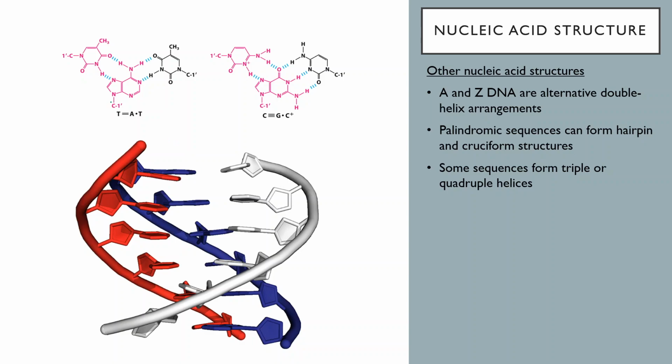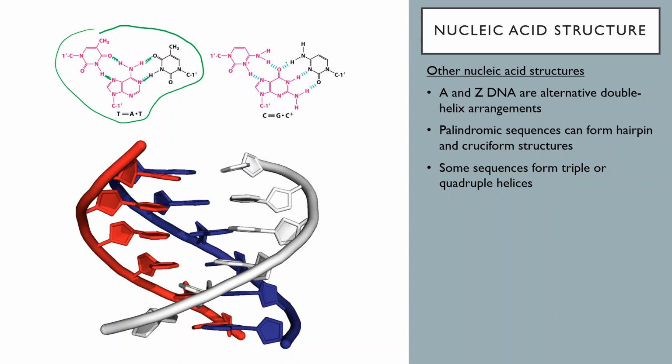So if you have this arrangement, for example, where you have a thymidine in standard base pairing with an adenine, it can then form another set of hydrogen bonds with another thymidine this way. And so if you have 3 strands that have adenines and thymines in the right proportion, they can form triple helices. Same way with C and G.